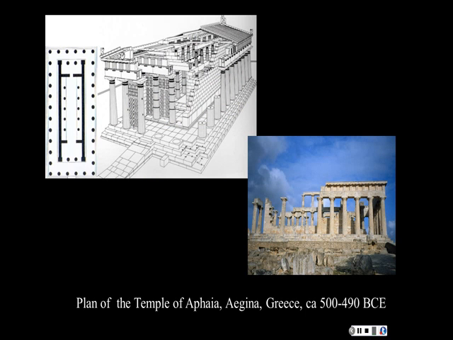Interestingly, what they come up with is a plan. They have a cella wall here, but they come up with a double colonnade, which runs along either side of the cella, so they can place their large sculpture of the deity in the center.